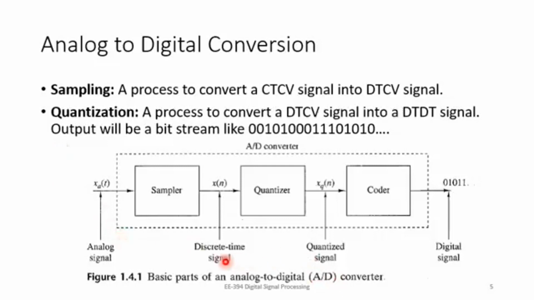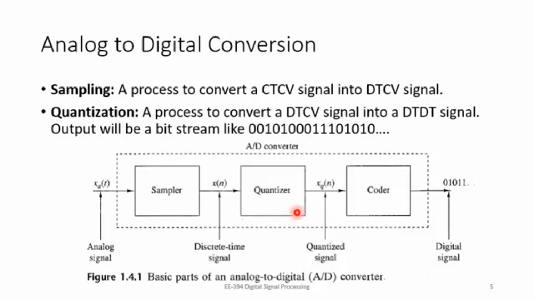So in an analog to digital conversion, once an analog signal goes through a sampler and is converted into a discrete time signal, represented here as x[n], then we discretize the y-axis, we discretize the values of the signal into a finite number of levels, and this process is called quantization.